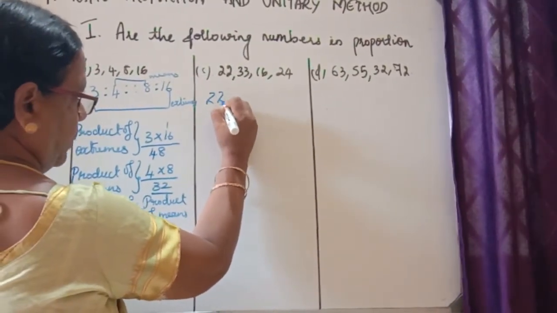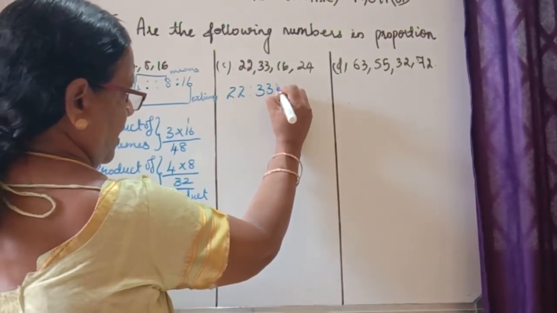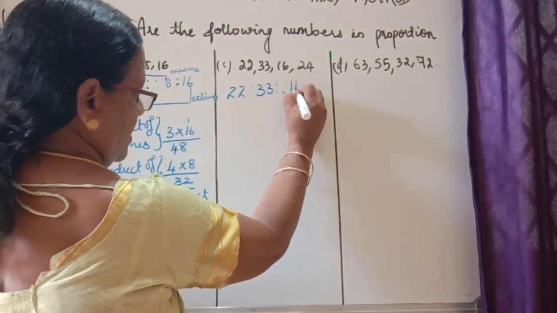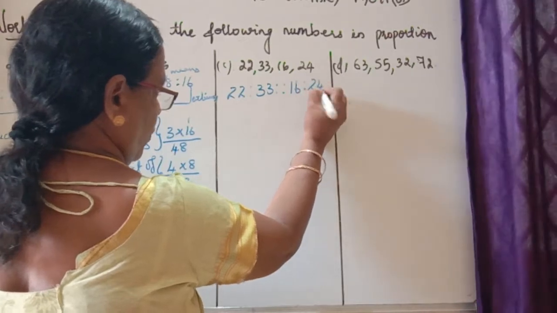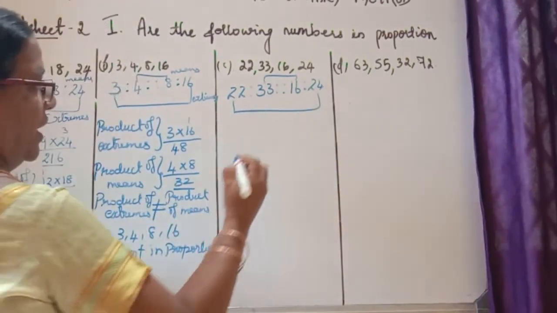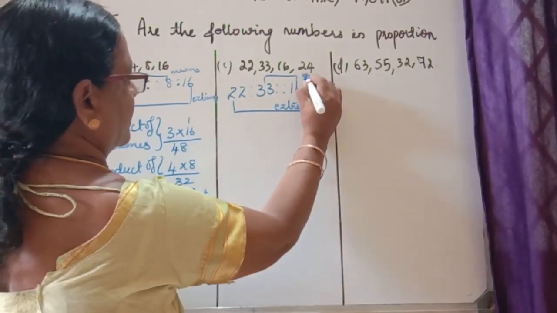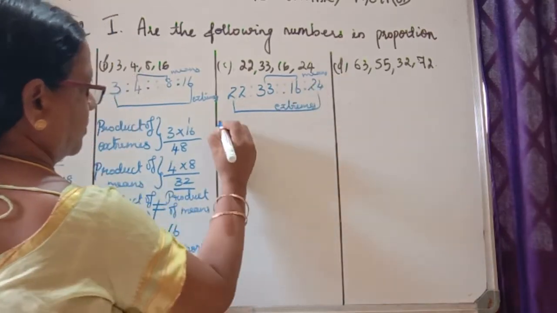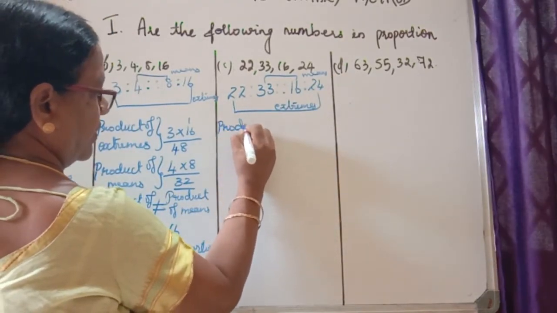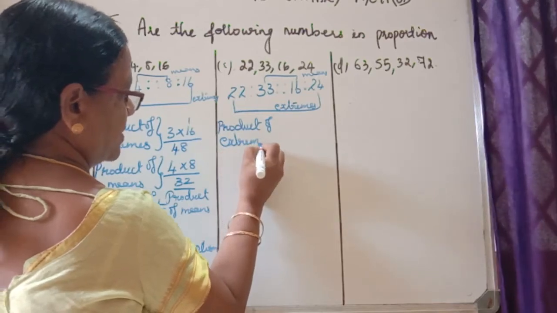First you write in a proportion form. 22 is to 33 as 16 is to 24. Now we'll find out the product of means and product of extremes. Product of extremes.